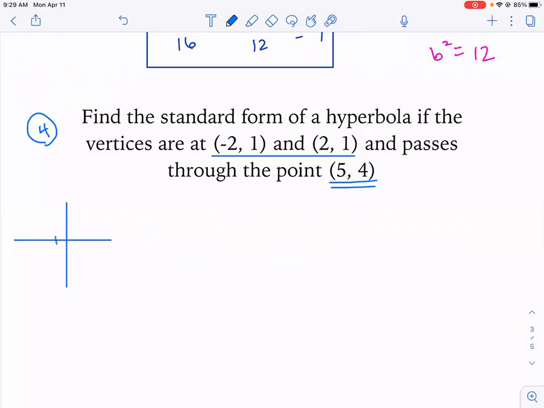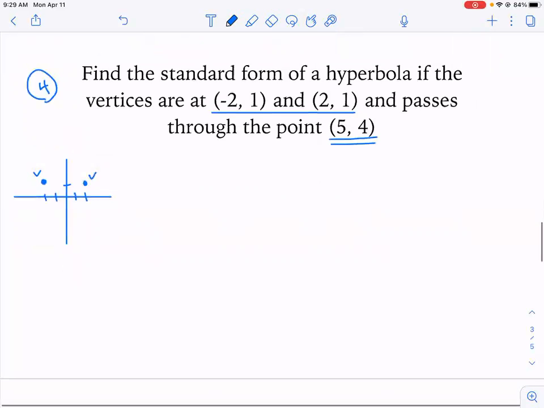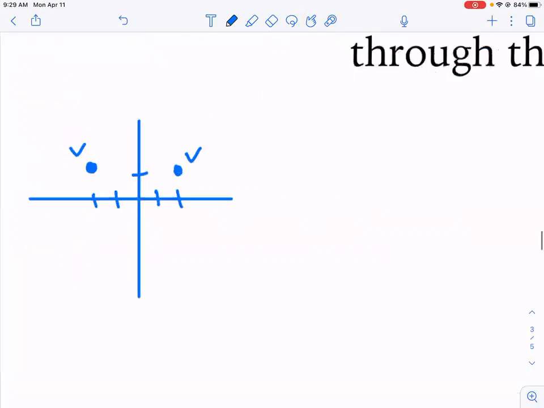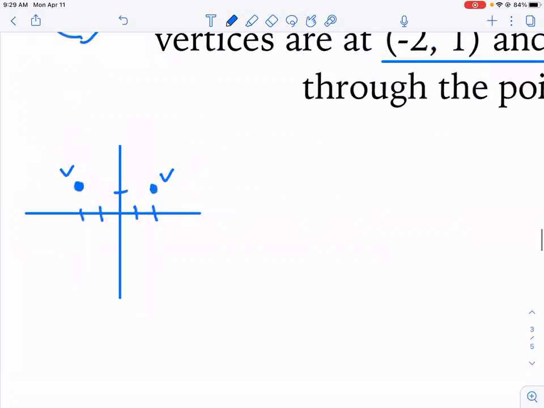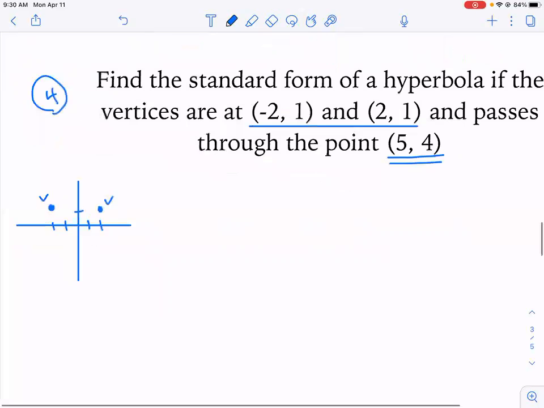All right, so -2, 1, and 2, 1 are our vertices. Hey, Joby, is this horizontal or vertical hyperbola? Look at my picture. Okay, our vertices are horizontal from each other, so we have a horizontal hyperbola.